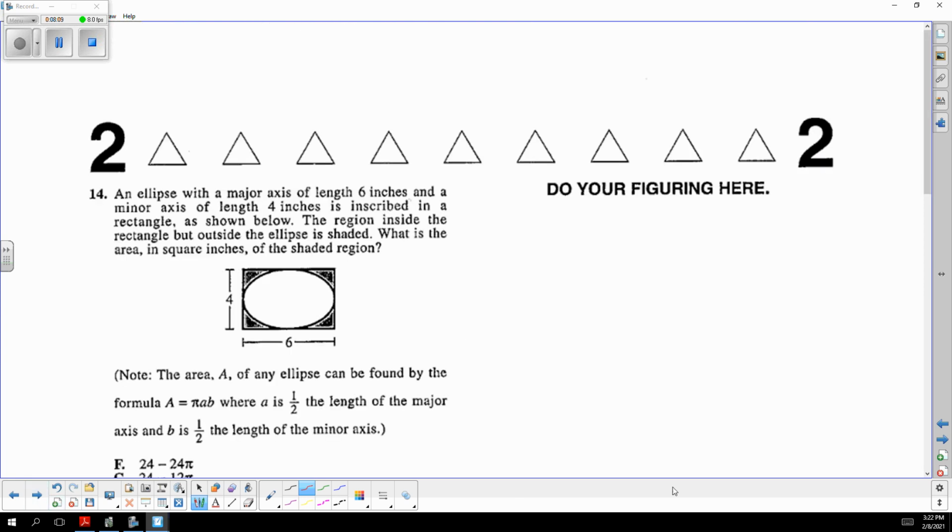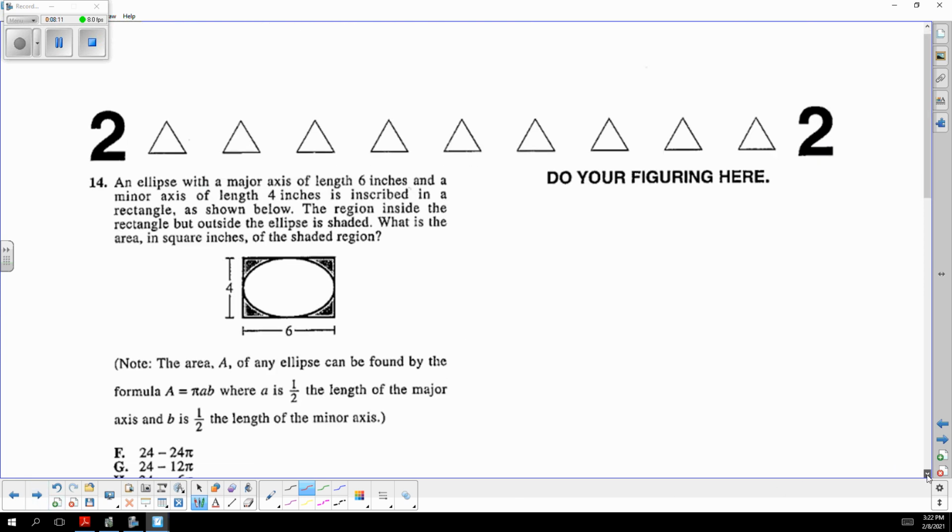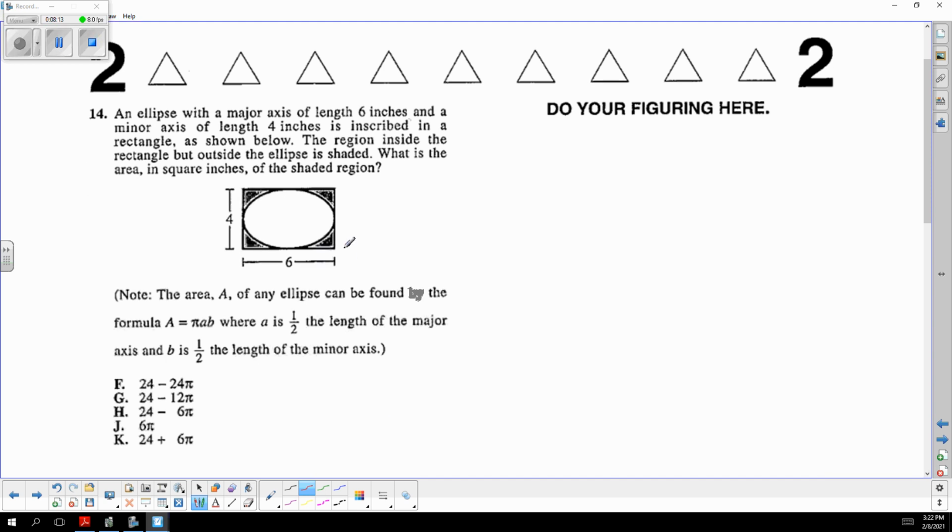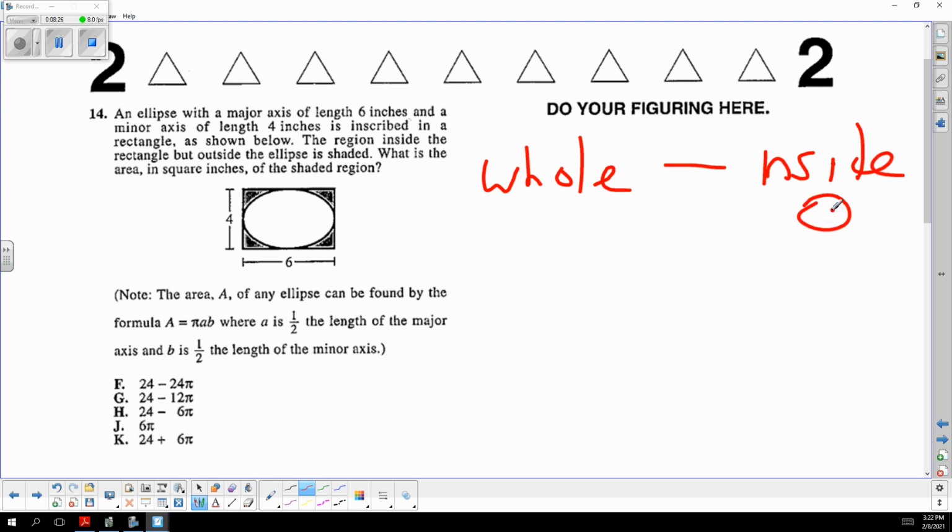Okay? This one bothered me a little bit, only that they never do area of ellipses, but they do shaded regions a lot, and it's the whole thing minus the inside hole. So basically the whole thing would be 6 times 4, 24, and the little thing is pi AB.